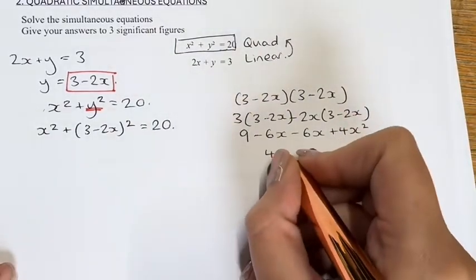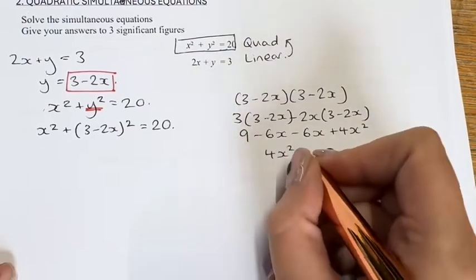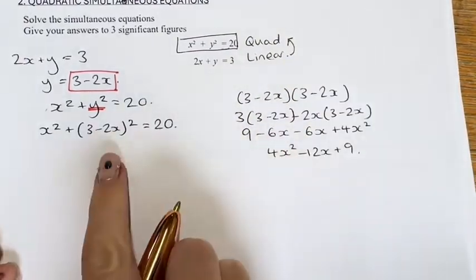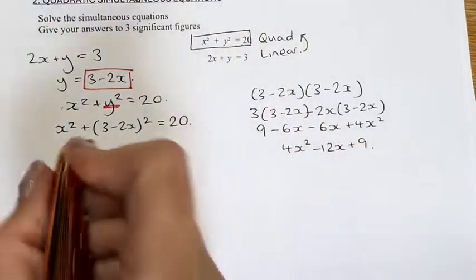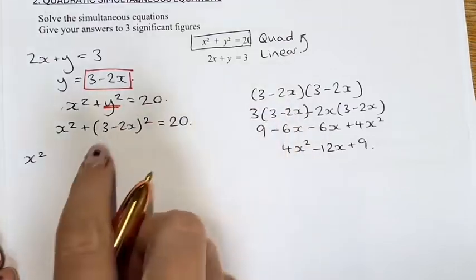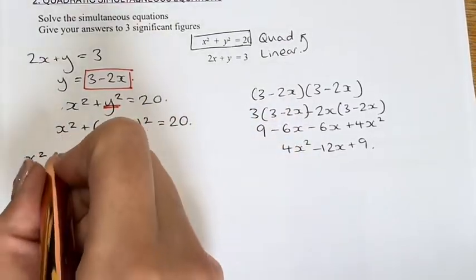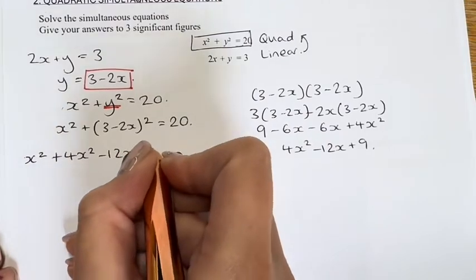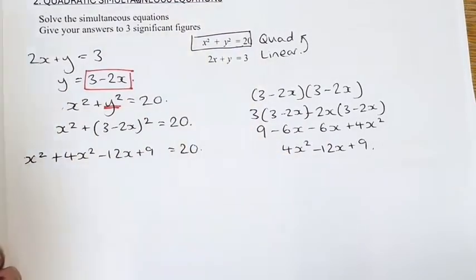I prefer writing my x squared at the start, so I'm going to write 4x squared minus 12x plus 9. And that is the same as that. So I've got my x squared from before, but then I've got that as well, which I've now expanded, plus 4x squared minus 12x plus 9 equals 20.